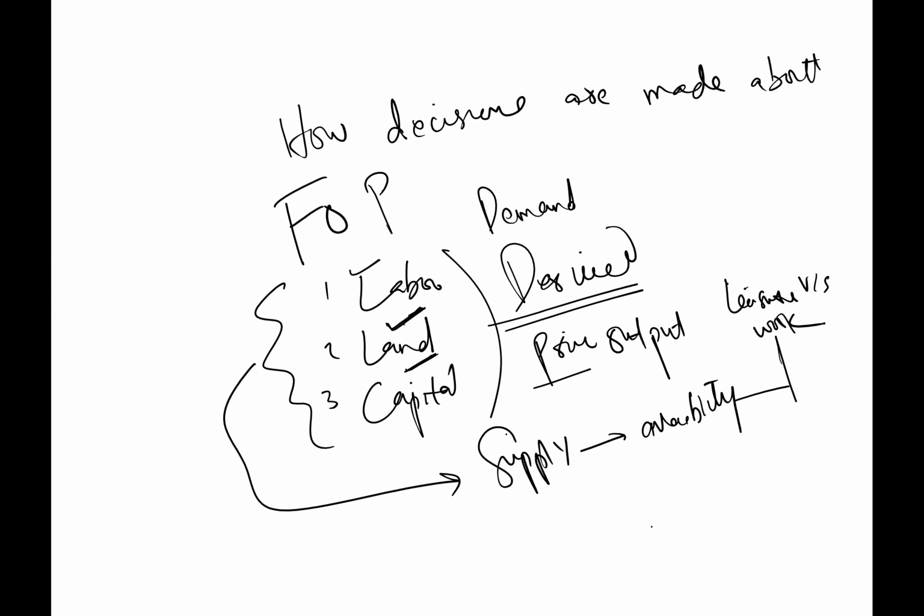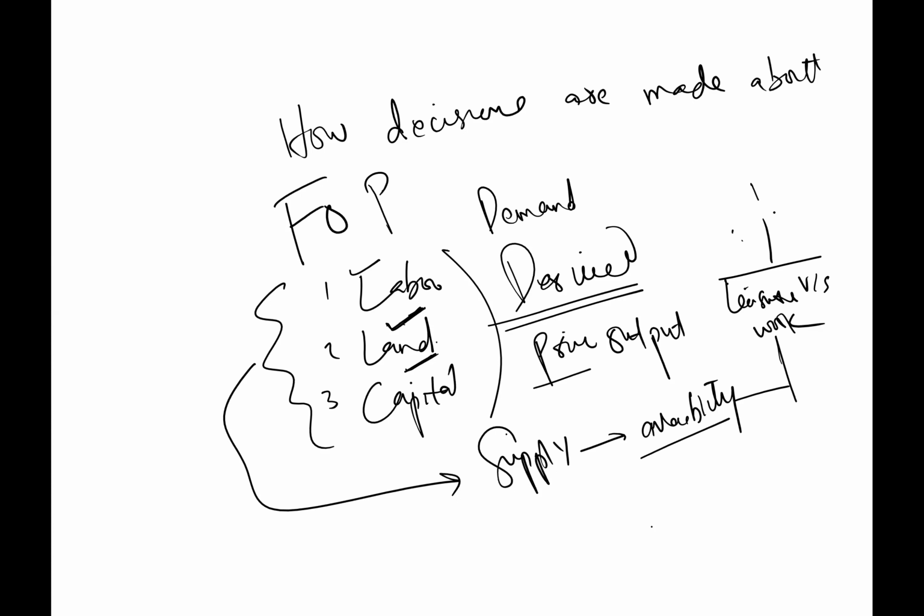If working is giving you less money, you cannot sacrifice your leisure time. You definitely want to go for your hobbies, family time, or dinner with the families and friends like that. So supply depends on availability, and also supply in the case of land and capital also depends on the availability.